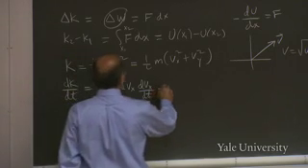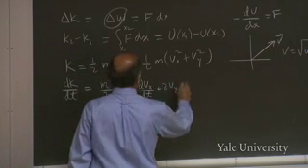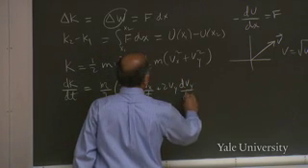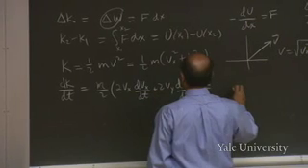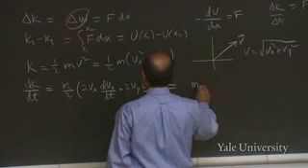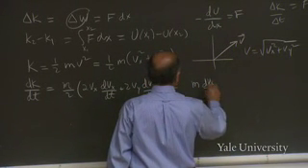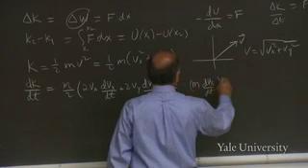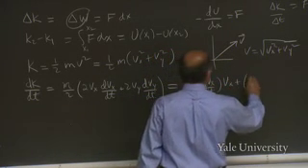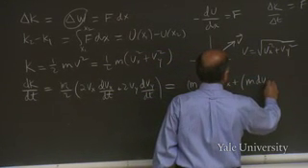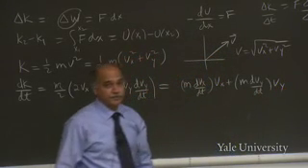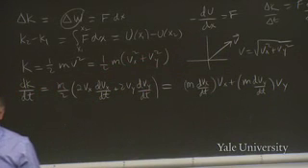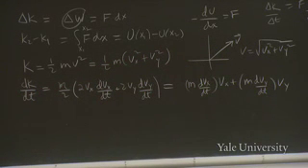So you do the same thing for the second term, 2vy dvy/dt, and the 2's cancel, which gives me m dvx/dt times vx plus m dvy/dt times vy. This is the rate at which the kinetic energy of a body is changing.